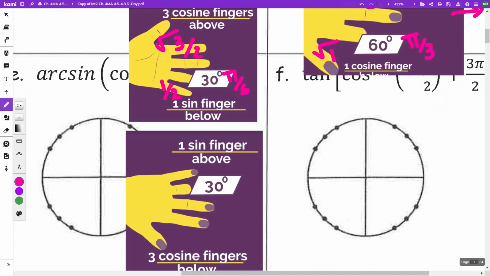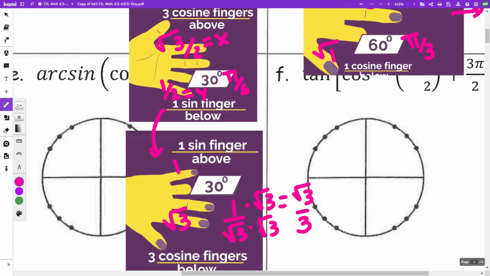Okay, so that's root 3/2, comma 1/2. Again, this is our x or our cosine. This is our y or our sine. But when we flip our hand over, we're going to get a 1 and a root 3. So that's 1 over root 3, which we rationalize to root 3 over 3.